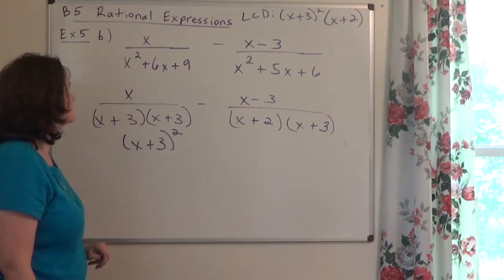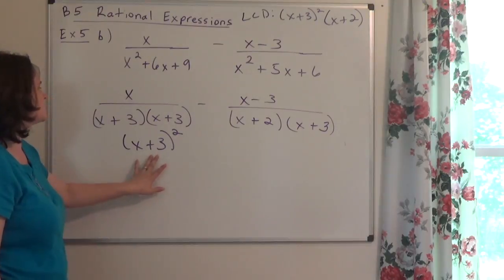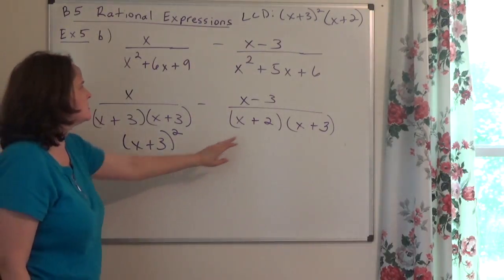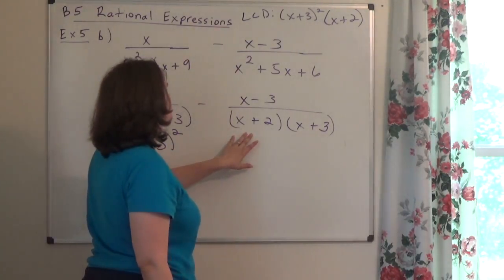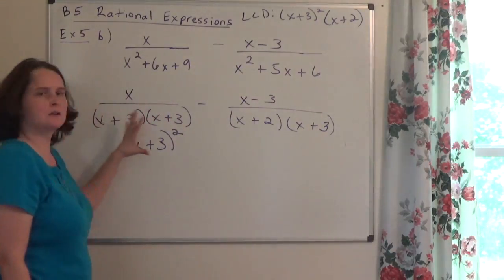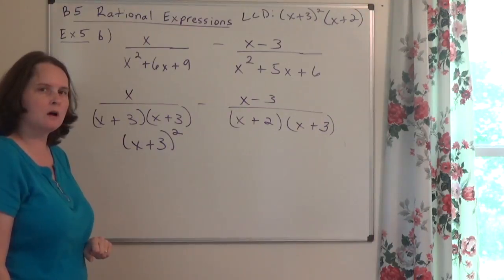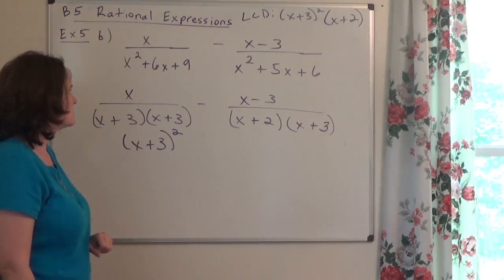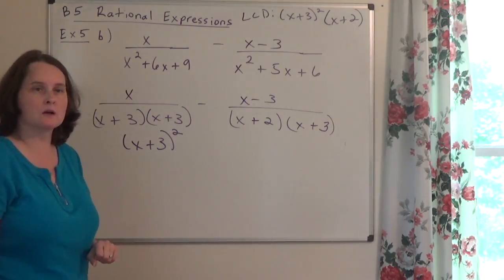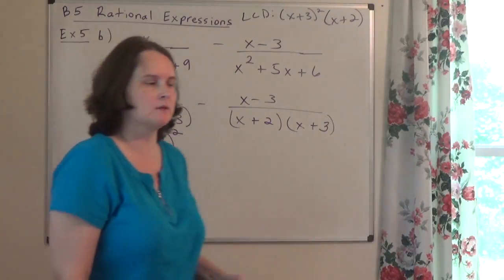So we had found our LCD to be x plus 3 quantity squared times this x plus 2. So we can now rewrite this entire problem as a single fraction with the LCD, and we'll work on making the numerator and turning it into our equivalent fraction that we need.